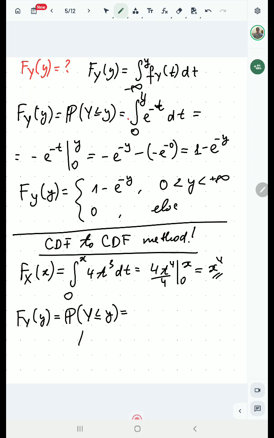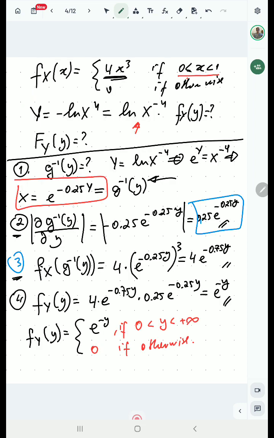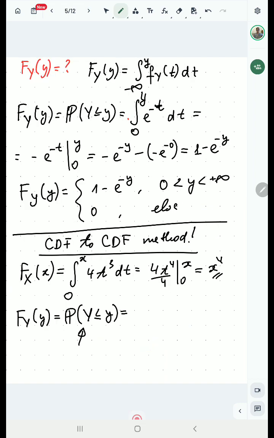So now we can map y to x. We know that there is a map between x and y. So x is equal to, here it is, e to the power minus 0.25y. So let's replace it with that. So that is equal to the probability e to the power minus 0.25y, capital Y obviously.